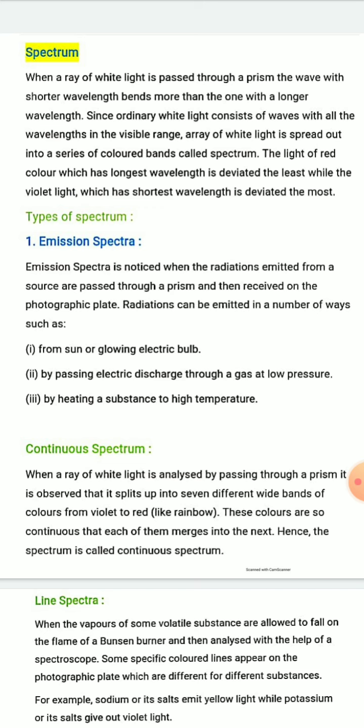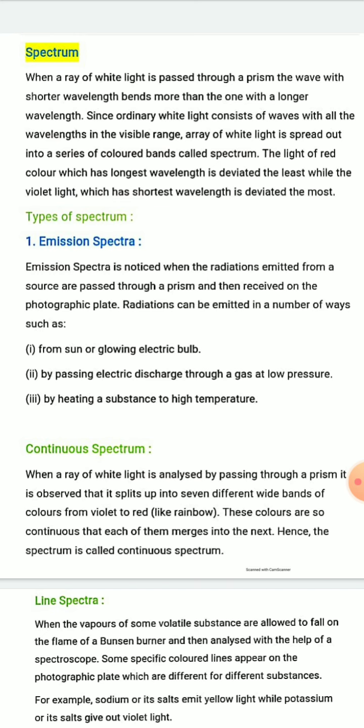When white light is passed through a prism, the wave with shorter wavelength bends more than the one with a longer wavelength. Since ordinary white light consists of waves with all the wavelengths in the visible range, a ray of white light is spread out into a series of colored bands, which is called spectrum.